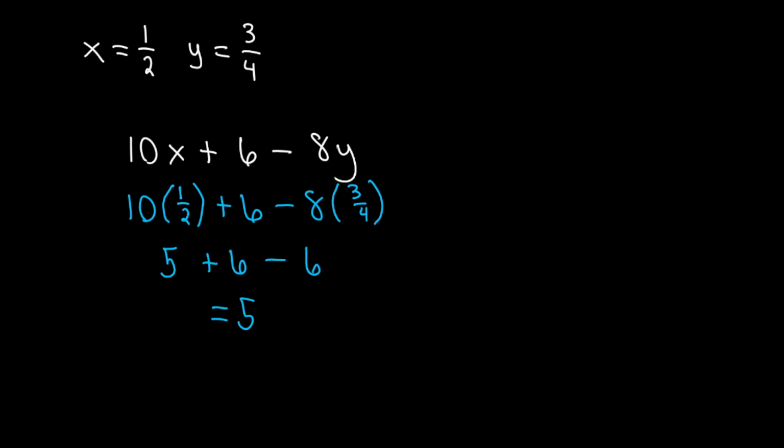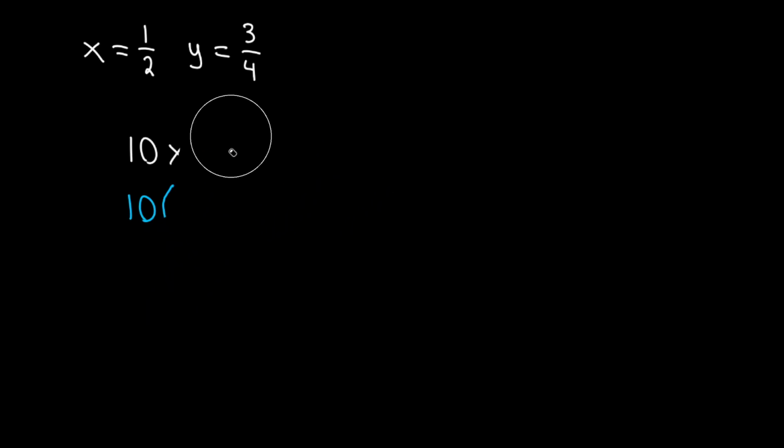We have 2 more of these, except we're going to get different variables this time. We're going to use a and b for our variables. We're told that a is equal to 10 and that b is equal to 1/2.